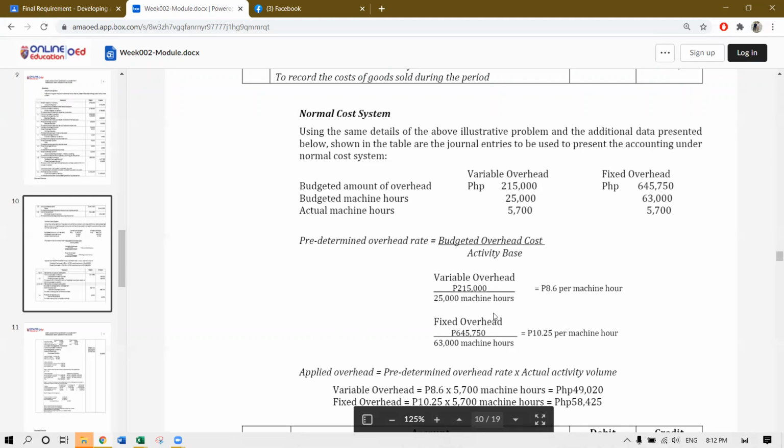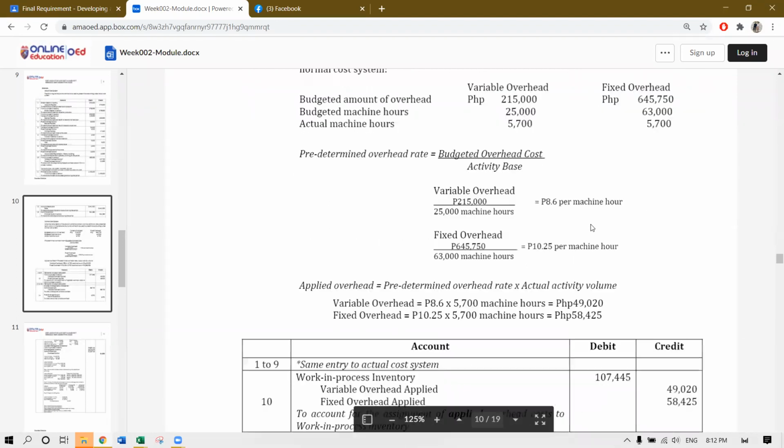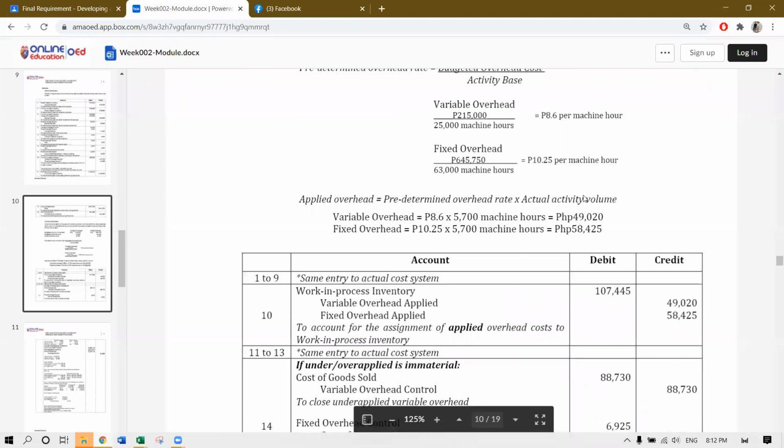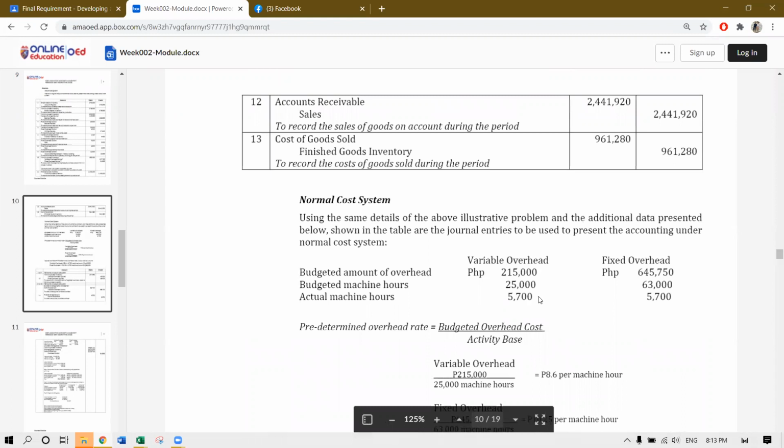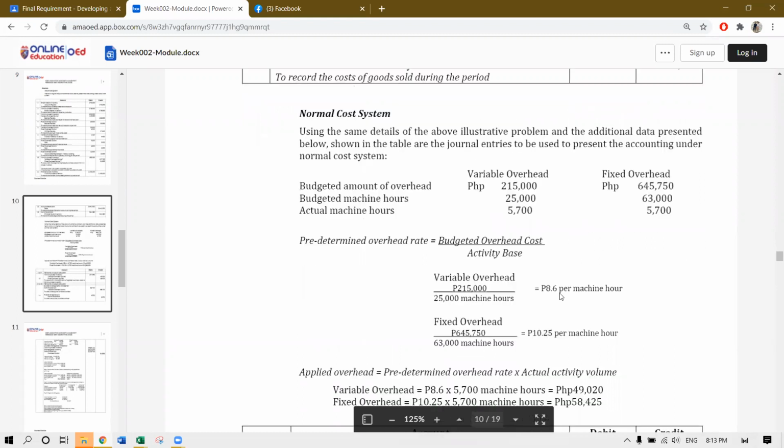Kanan variable adto ya. Fixed naman nga portion 645,750 divided by the budgeted machine hours, which is 63,000 machine hours. So we got 10.25 per machine hour. Okay. Applied overhead is equal to predetermined overhead rate multiplied by the actual activity volume. Pera ang actual, pera. 5,700 daw for variable. 5,700 din kapag sa fixed overhead.